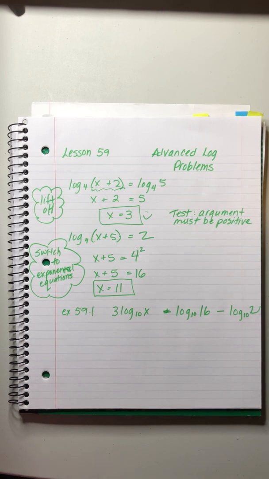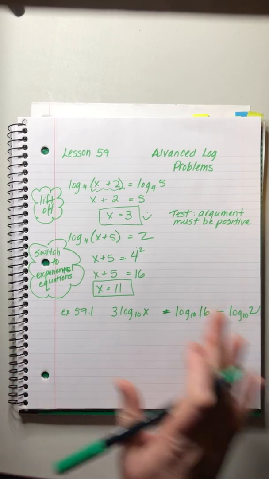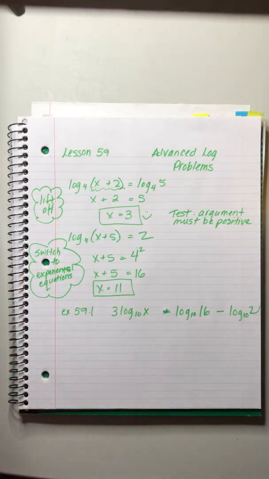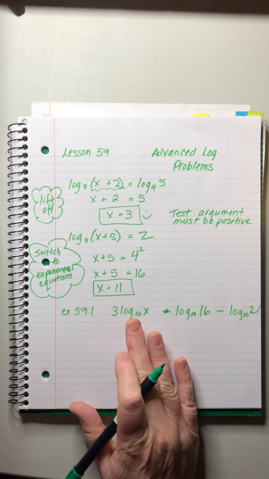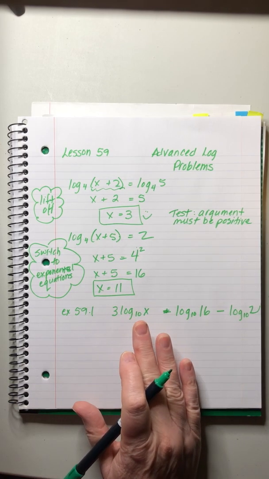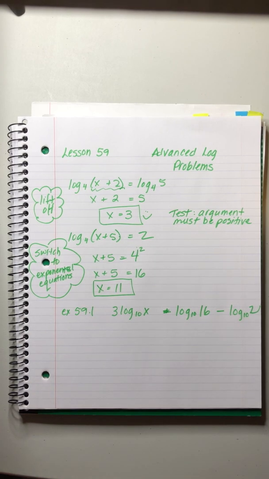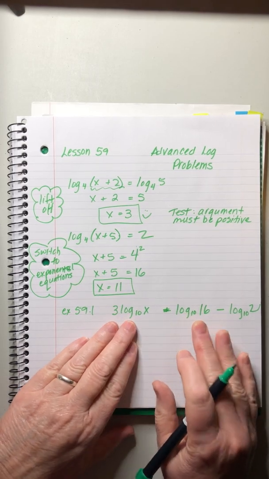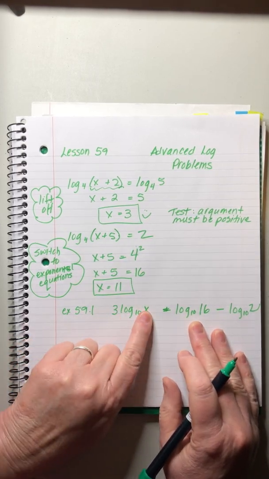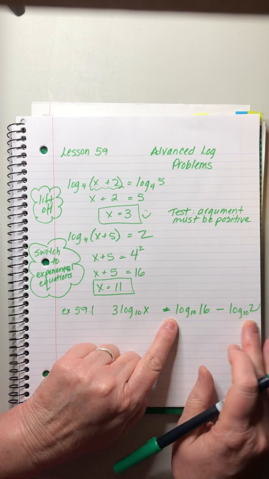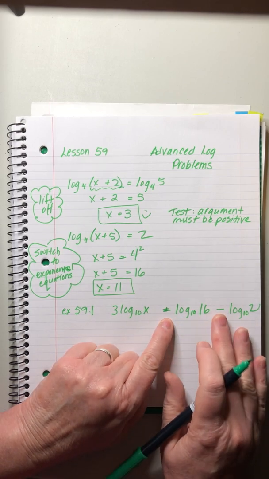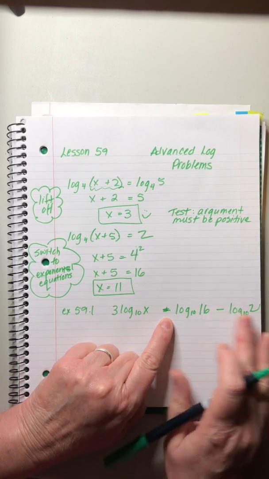So when I look at this, what I notice is we have the first kind, right? We don't have any just plain number there. So I'm going to be able to lift off the arguments and solve them separately. But first I have to clean them up, because in order to do that, I have to have just log and log on each side. This one I need to use the power rule, and this one I need to use the quotient rule, don't I? Because I've got subtraction there, so I know I can divide.